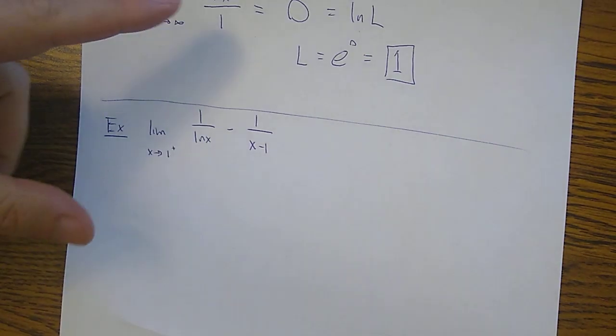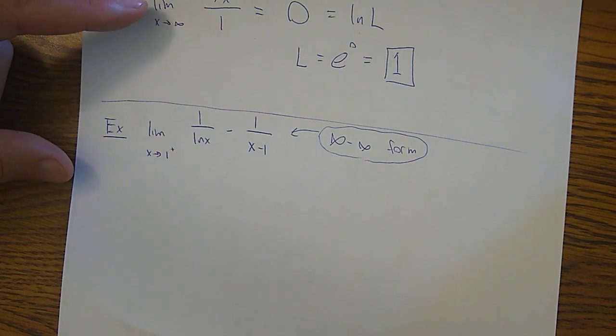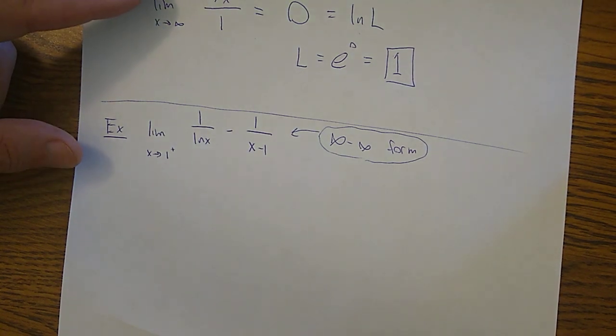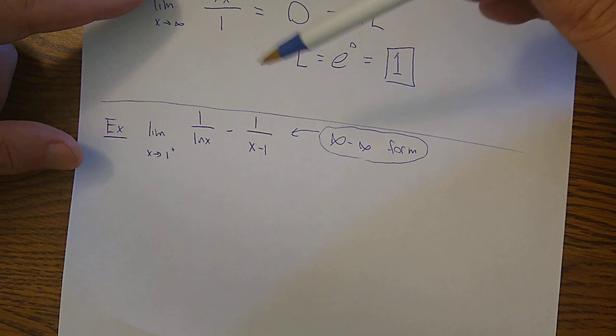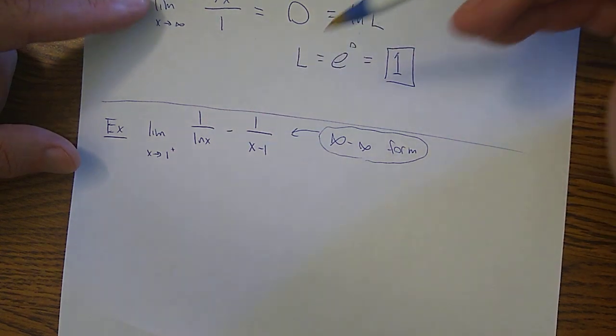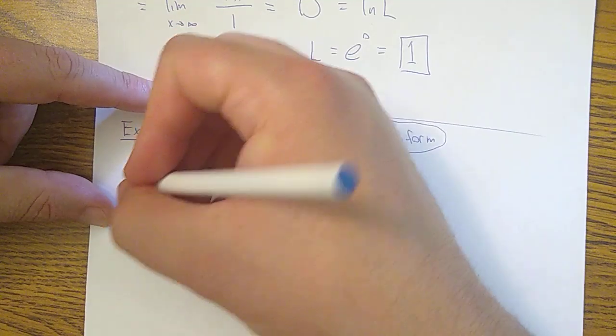So what we have is an infinity minus infinity form. Right? This can be the hardest to deal with, but one idea is if you have fractions, just get a common denominator.